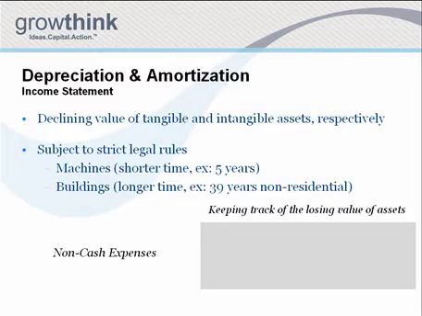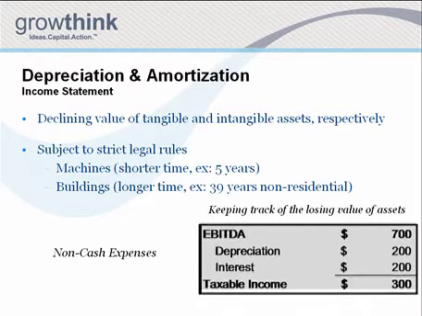For amortization, these are intangible assets, such as the value of a brand. In terms of looking at this, these are non-cash expenses. You're not writing somebody a check for depreciation or for amortization. Your depreciation and amortization are non-cash expenses, and they are reflected in the income amount, in the taxes that you pay.